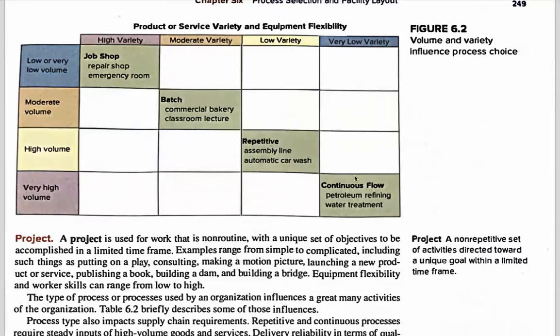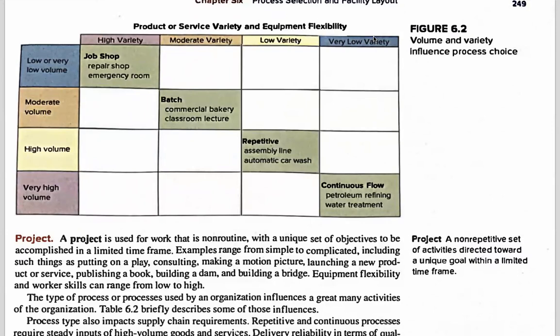And the last one is continuous flow. In continuous flow, volume is very high. Consider the amount of oil production on a daily basis. It is huge. And the thing is that variety is relatively low because, for instance, when an oil refinery is producing oil, that oil refinery can only do that thing.